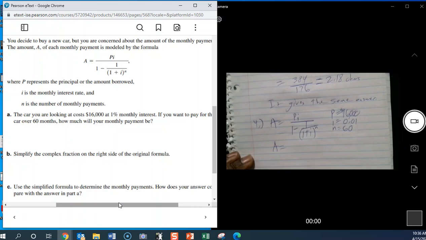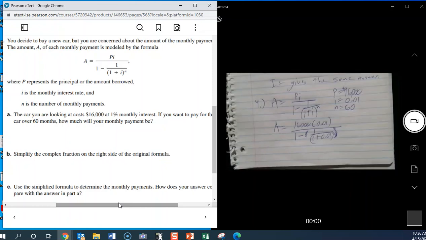So we have A is equal to 16,000 times 0.01 all over 1 minus 1 over 1 plus 0.01. And we'll take that parenthesis to the 60th power.